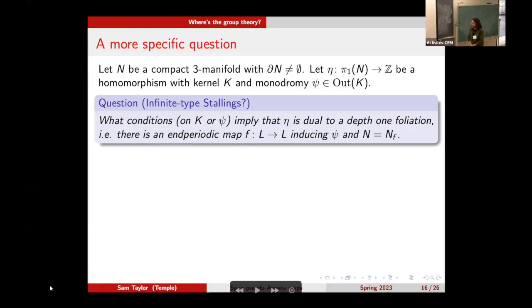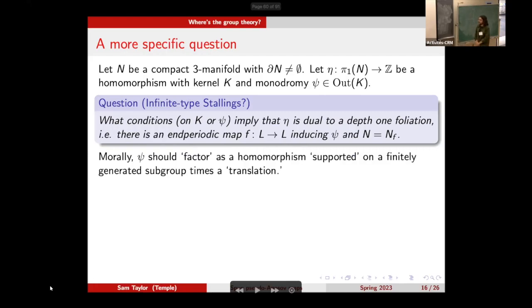What conditions on K or psi imply that this homomorphism to Z is dual to a depth 1 foliation? A depth 1 foliation of the manifold gives you a map to Z, as we just saw. In particular, when can my monodromy map psi be induced by an end-periodic map? Okay. I don't know, just some thoughts about the structure that this should have.